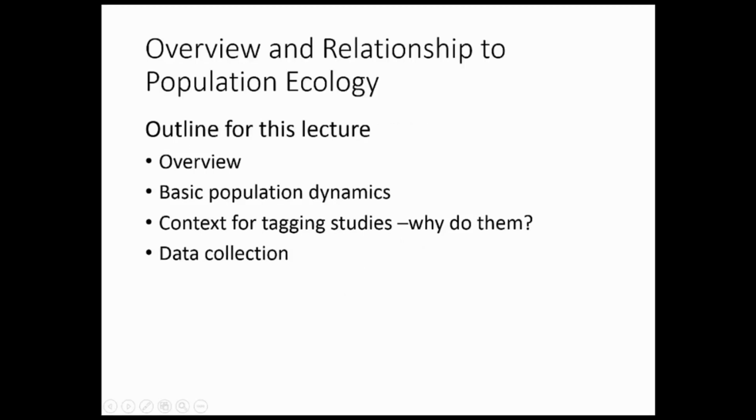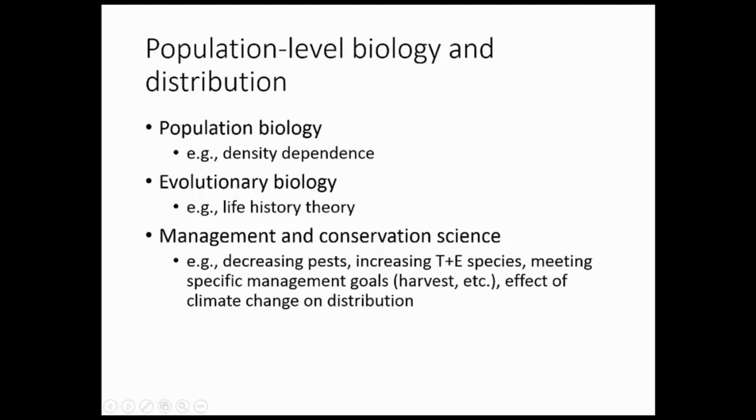I'd like to begin with an overview of basic population dynamics, provide a context for the tagging studies, why we do them, and get into some data collection protocols. This is a population level biology and distribution course. When we think about population biology, we're interested in things such as density dependence and population vital rates.